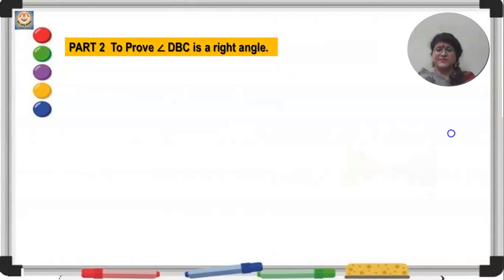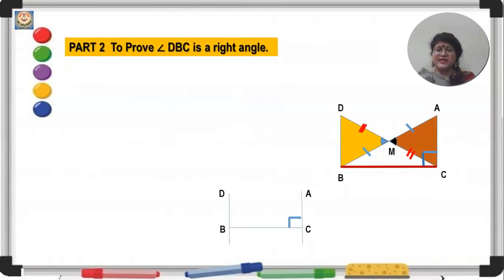Second part. To prove DBC is a right angle. Now look at the figure. I have taken DBC. You have to prove this B is 90 degree. But in the question it is given that C is already 90. Now what we have done, we have proved AC parallel to DB in part 1, right?